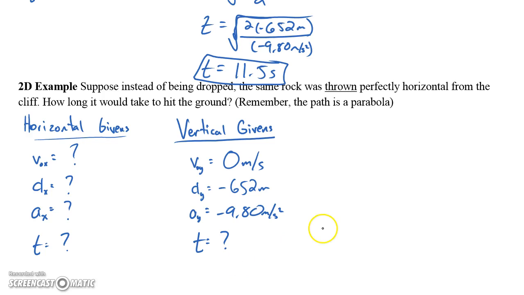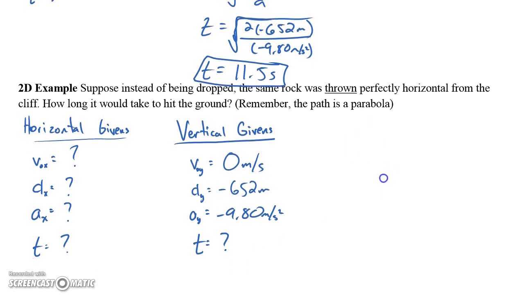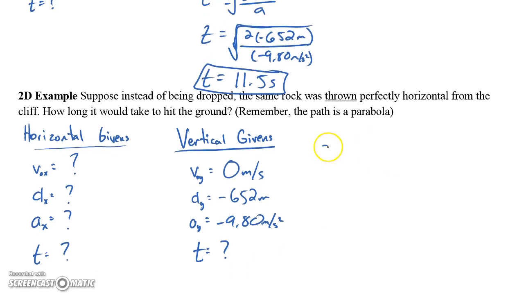So in our vertical motion, we have to solve for time. And we're actually going to use the same equation we just did, but we have to identify that we're doing vertical motion only. So we have to have our y's everywhere for our appropriate variables. And again, v naught is 0, so that cancels out.